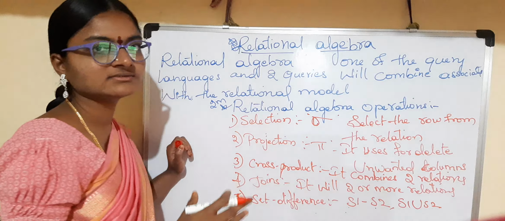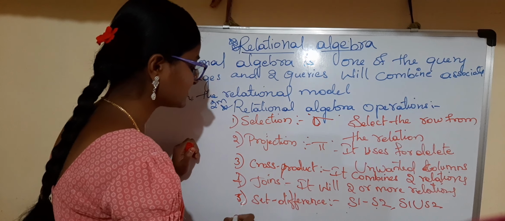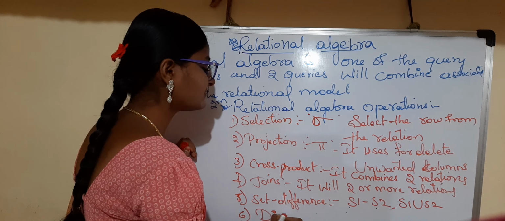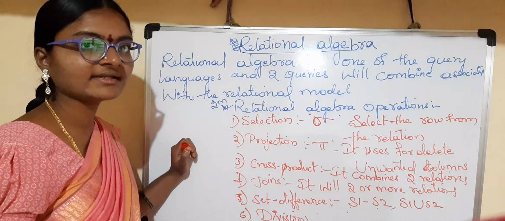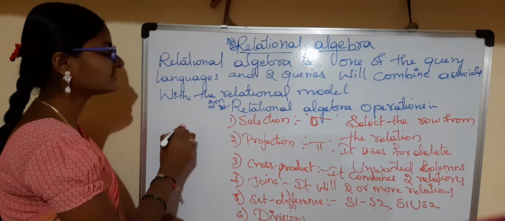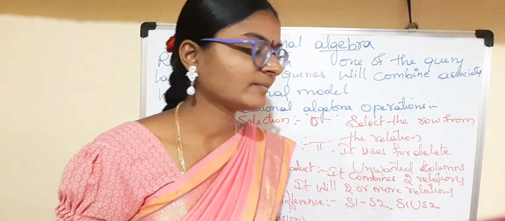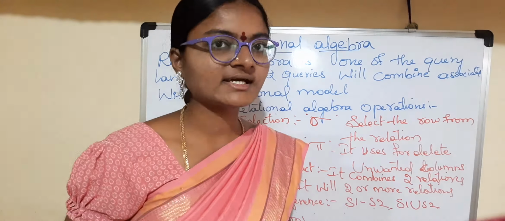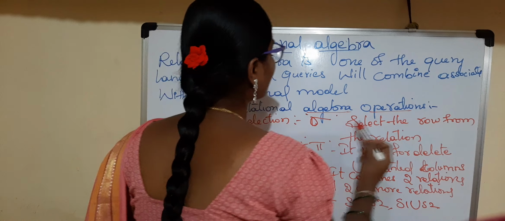Union, and for deleting purposes we will use the set difference. Next is the division. Division is also like in mathematics, students. It will divide the data. Next one is the intersection. The intersection process we will use for the data to be intersected here. Next is the union. These are all the operations of relational algebra.